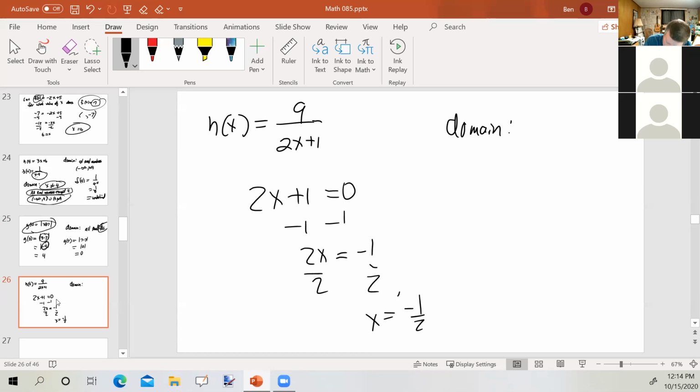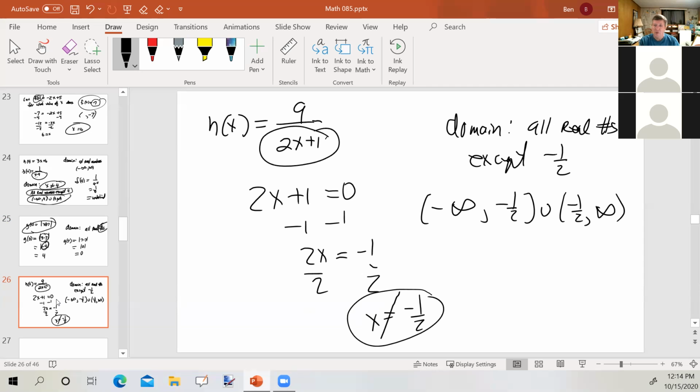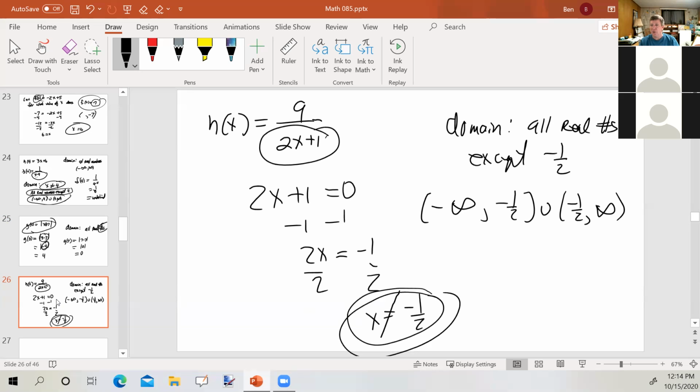That's the bad guy. So the domain would be all real numbers except negative 1/2, or in interval notation, negative infinity up to, but not including, negative 1/2, union, negative 1/2 up to positive infinity. This value of x makes the denominator 0, makes the whole thing undefined. Therefore, it's not a good choice to put in. You're putting a rock in the meat grinder.